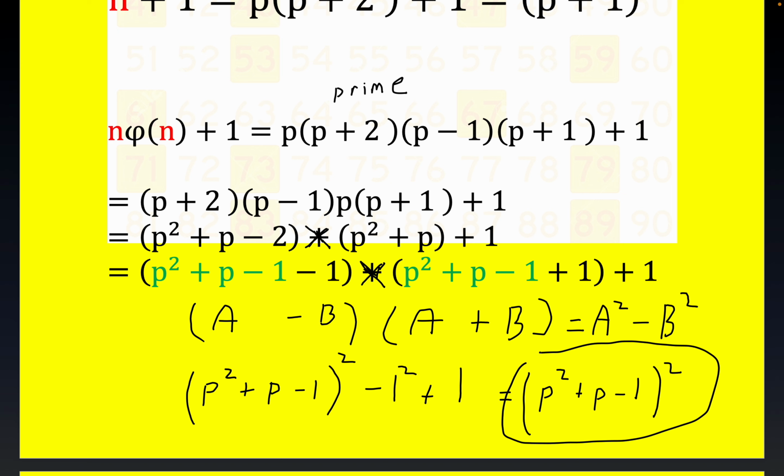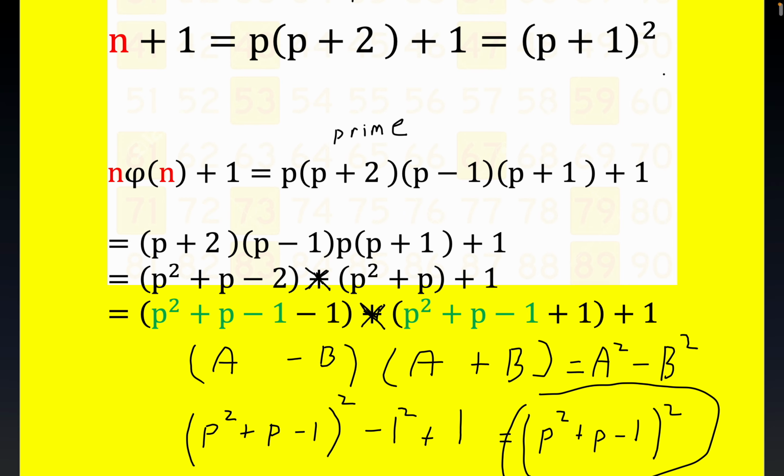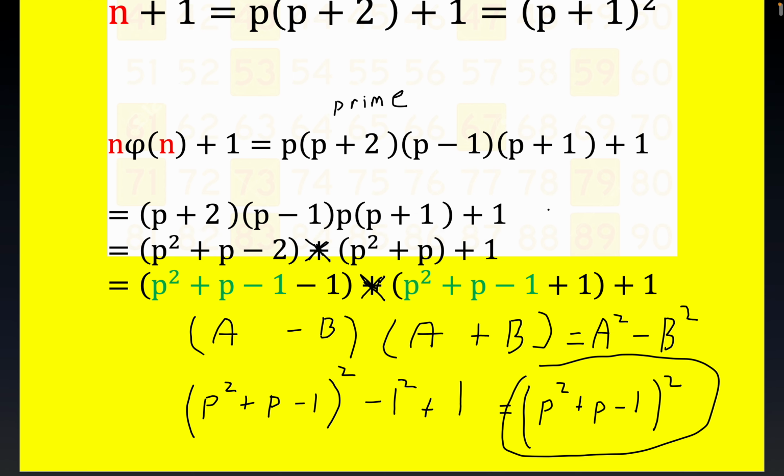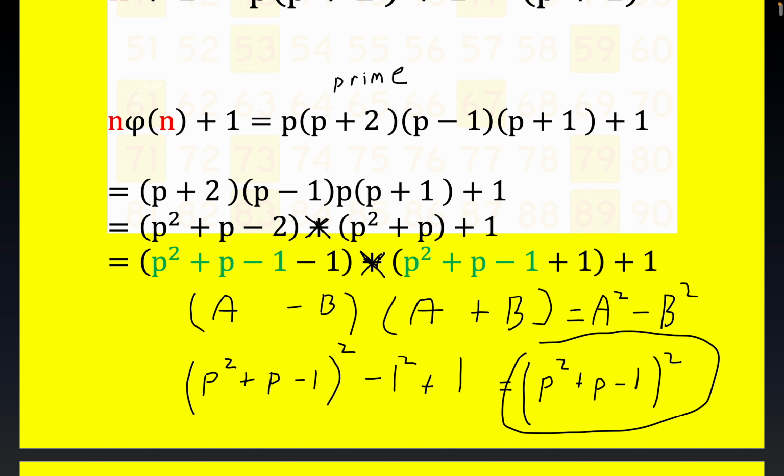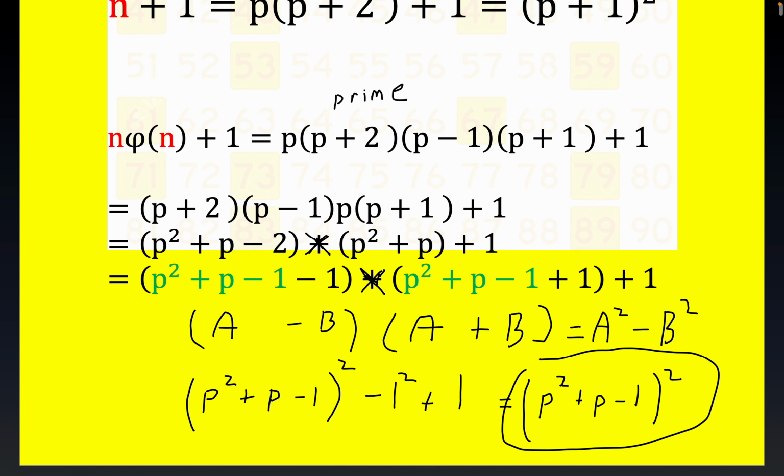Here we just wrote it as p plus 1 quantity squared for n plus 1. This was slightly more involved, and the algebra is a little more tricky, but anyway, we got it equal to a perfect square. Now I don't know if I can remember this or not, but up here, p squared plus p minus 1 quantity squared.